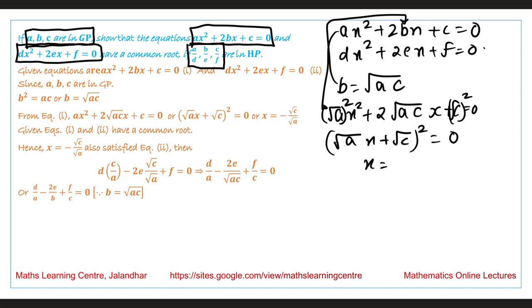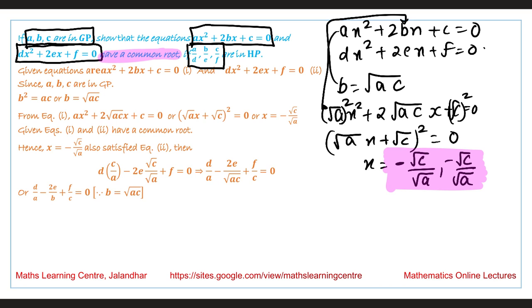It means x = −√c/√a, −√c/√a. Now we are saying that they have a common root, so both their roots are the same.